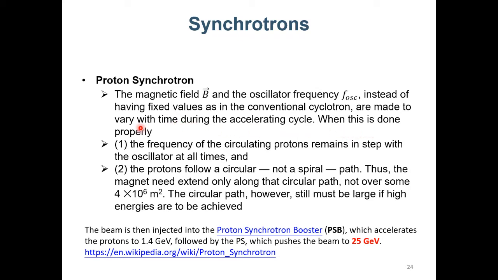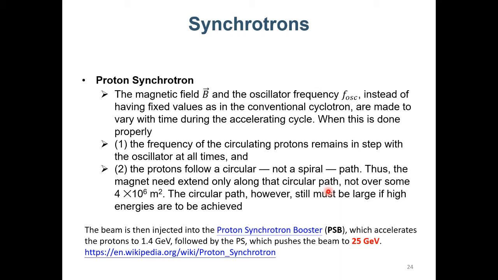When this is done properly, the frequency of the circulating proton remains in step with the oscillator at all times, and the proton follows a circular, not a spiral, path. Thus, the magnet needs to extend only along the circular path.